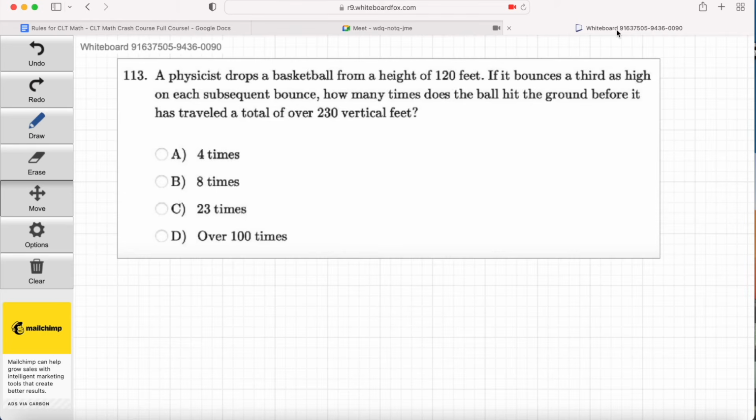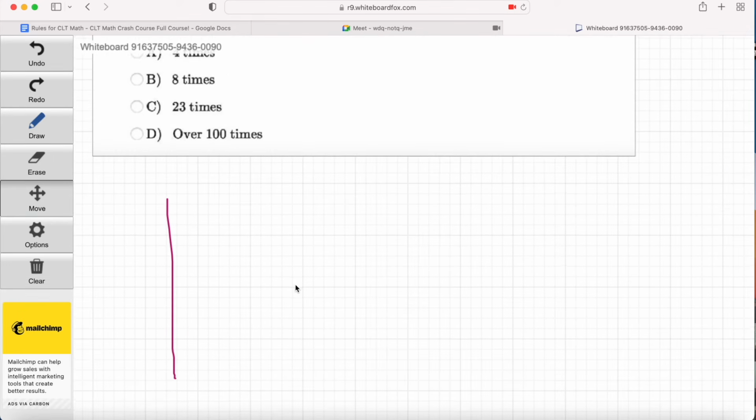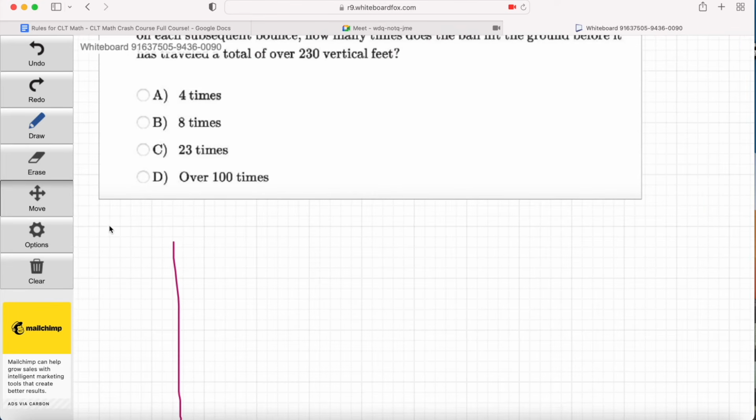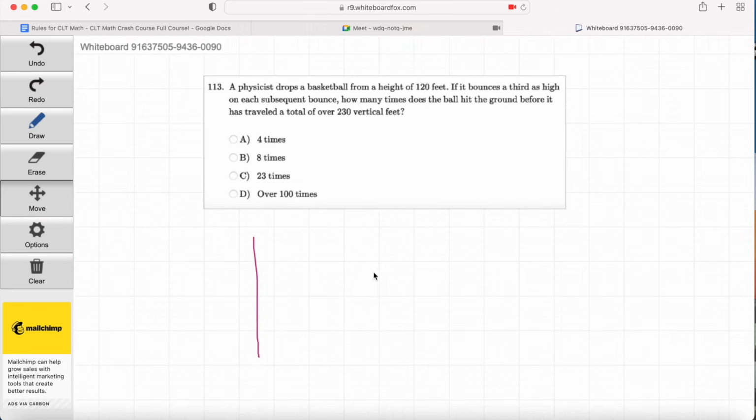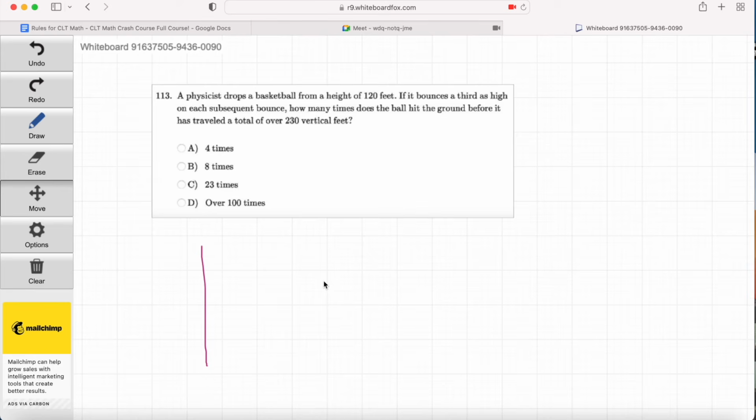Okay? We got some crazy physicist dropping a basketball from a height of 120 feet. Let's start there. Why is he up 120 feet? I have no idea, but he is. All right? So, let me scroll down a little bit here. You know what I'm going to do? I'm just going to zoom out just a little bit. There we go. Okay. That'll work. All right, so we've got, okay, there's the ground.